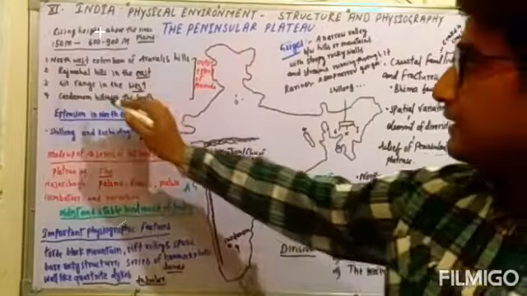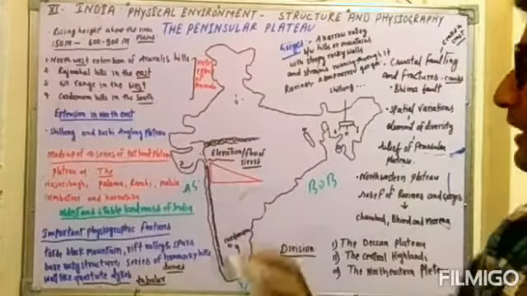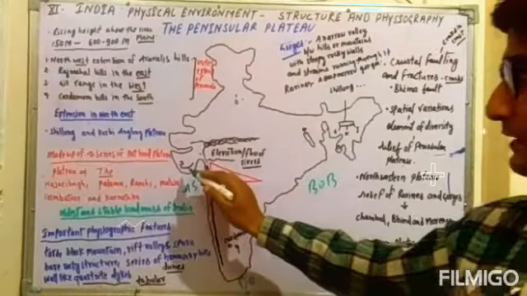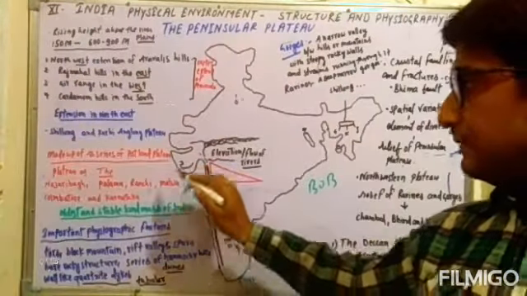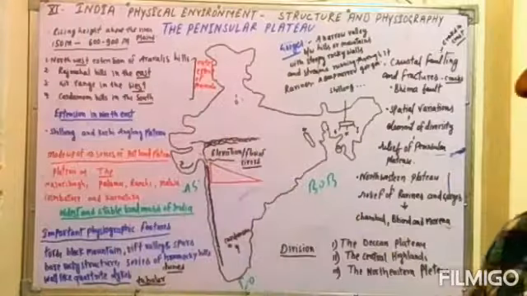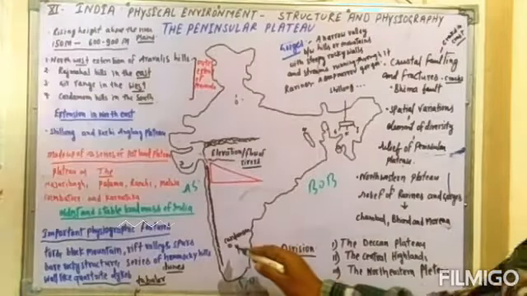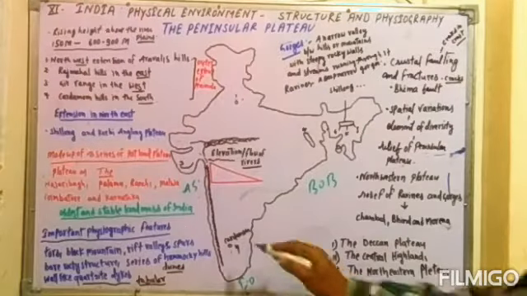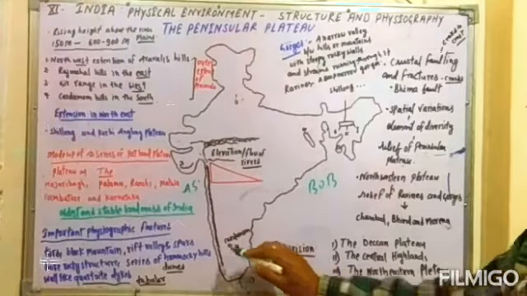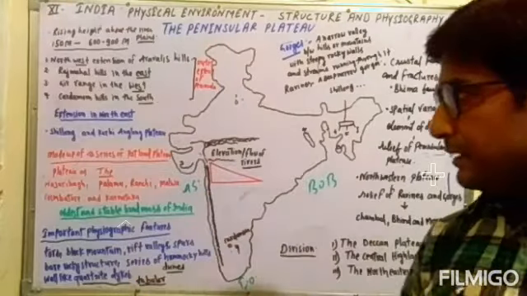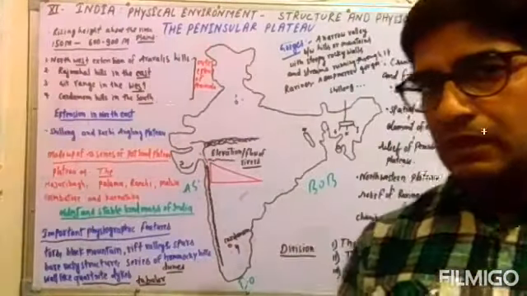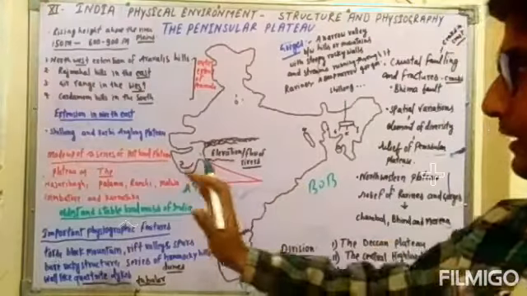Third is the Gir range in the west, the western front where the peninsular plateau extends. And last is the Cardamom Hills in Kerala, which is the southern extension of the peninsular plateau. So these are the important extensions of the peninsular plateau.